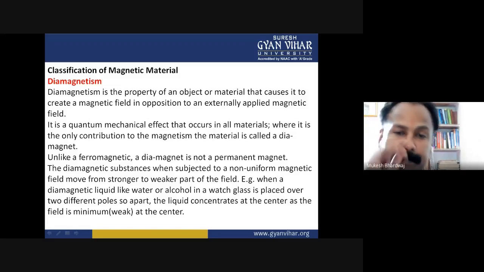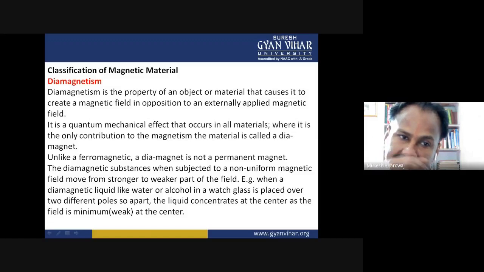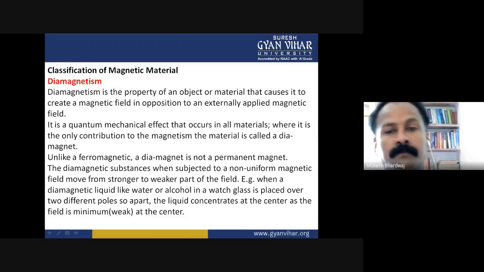Classification of magnetic material. With respect to their magnetic behavior, materials may be classified as diamagnetic, paramagnetic, ferromagnetic, anti-ferromagnetic, and ferrimagnetic.